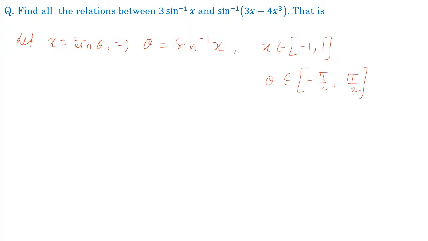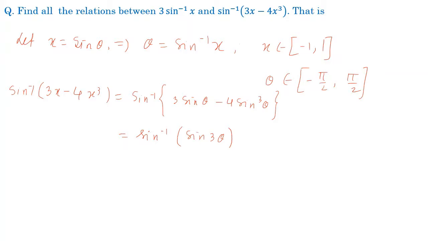Now come to the expression. The expression is sine inverse of 3x minus 4x cube, equal to sine inverse, and inside 3 sine theta minus 4 sine cube theta, but this bracketed term is nothing but simply sine 3 theta.